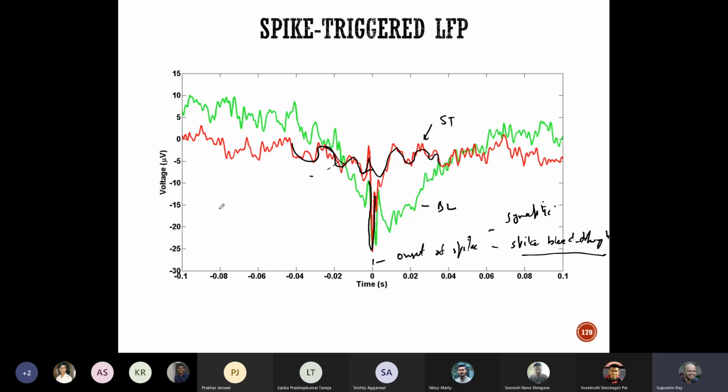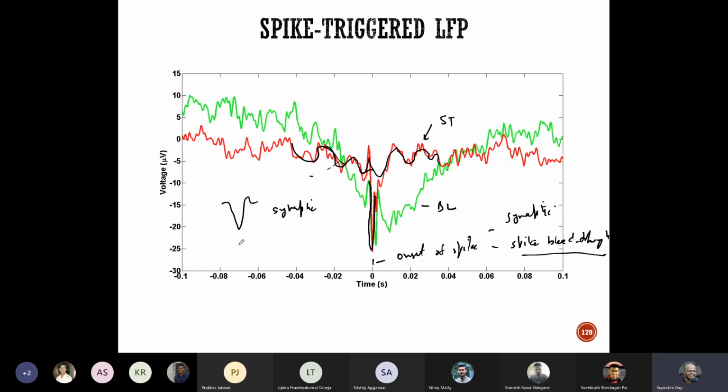Those synaptic events which led to the spike are always locked to the spike quite trivially, because those synaptic events led to the spike. So those would have some sort of a signature in the LFP. So that's synaptic activity that led to the spike.